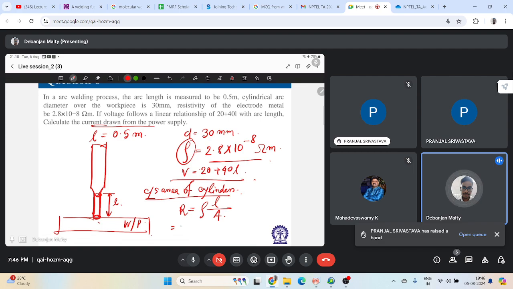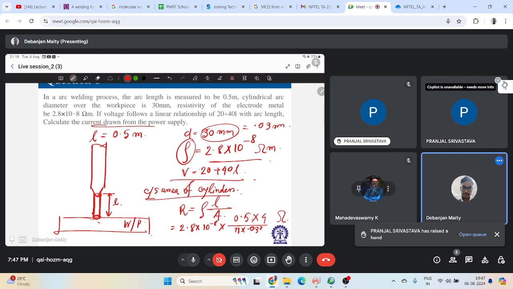My resistivity is 2.8 into 10 to the power minus 8 ohm meter, length is 0.5, and D is 30 mm, which is 0.03 meter. The cross-sectional area will be pi d square by 4.